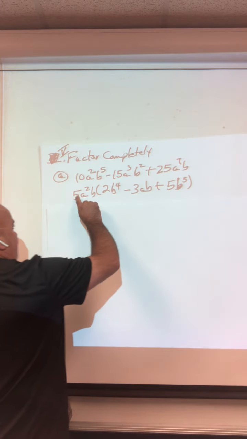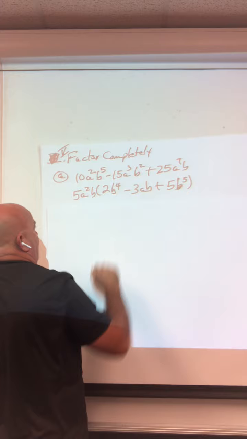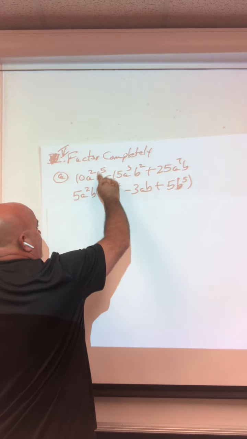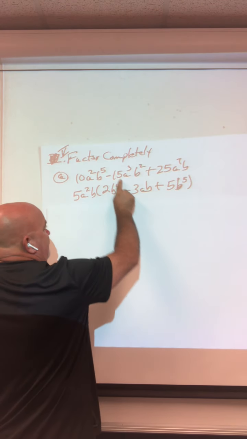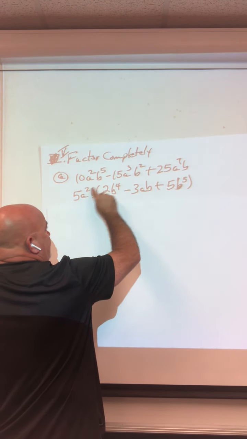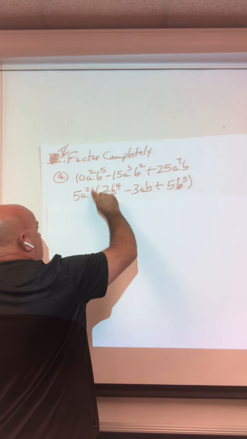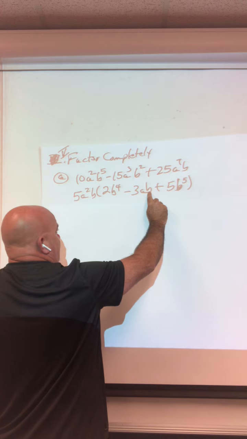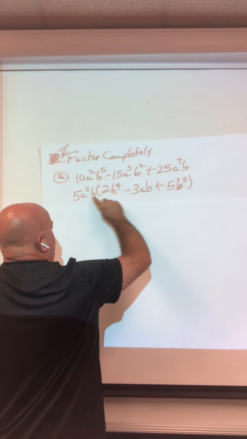Now, divide. 5 into 10 is 2. A2 into A2 cancels. B1 into B5 leaves B4. Minus. 5 into 15 is 3. A2 into A3 is A1, subtracting exponents. B1 into B2 leaves B. Plus, 5 into 25 is 5.